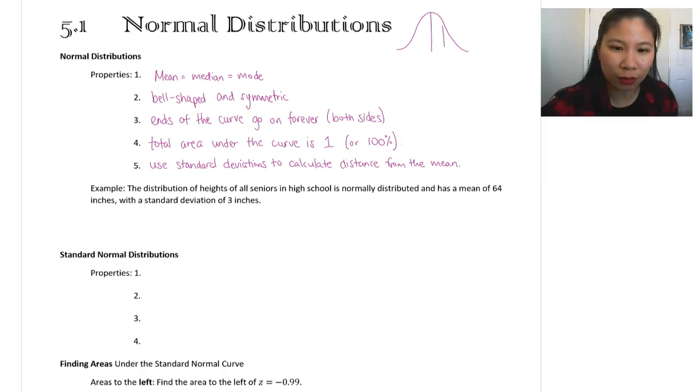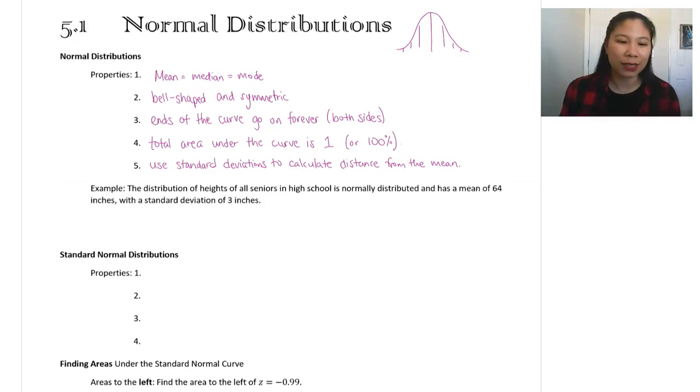Then we would draw 3 lines to the left and to the right of it to measure how many standard deviations we are away from the mean. We're still doing those things, but we're going to simplify this process a little bit, because in the past with our empirical rule, we could only find the areas when they were exactly on those lines. Now it's kind of like whatever number is fine. It doesn't matter whether they're on those lines or not.